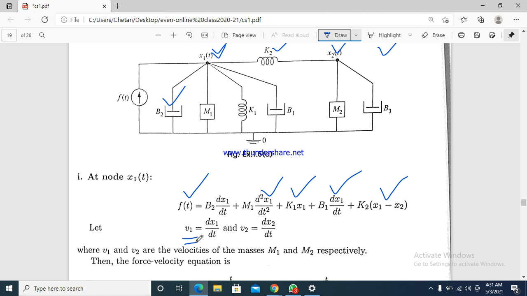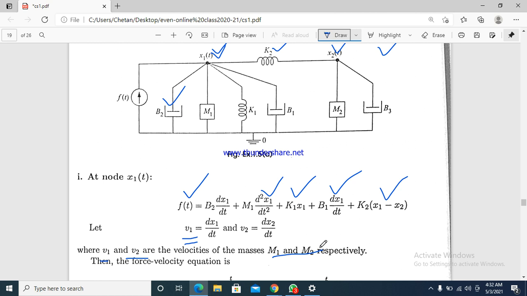Actually, what do v1 and v2 represent? V1 and v2 are the velocities of mass m1 and m2. Why can we find the velocity of masses m1 and m2? Here you should observe that force f of t is acting on mass m1. Because of this, m1 is getting displaced.